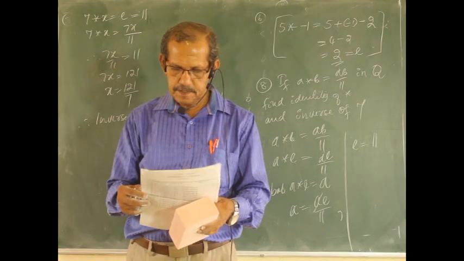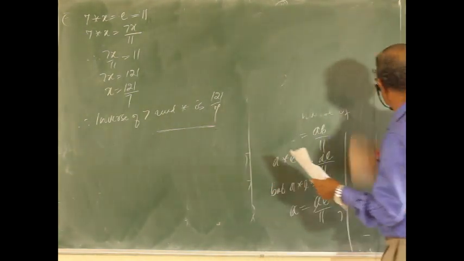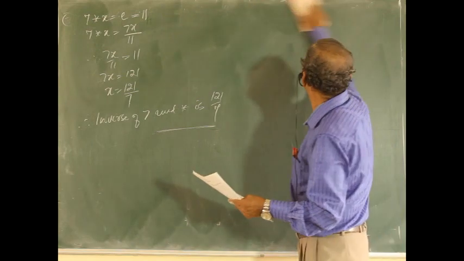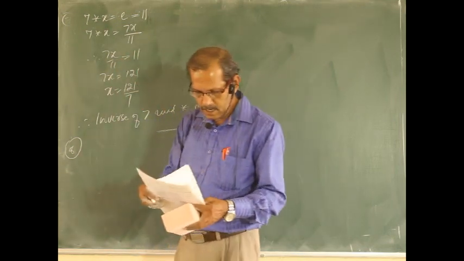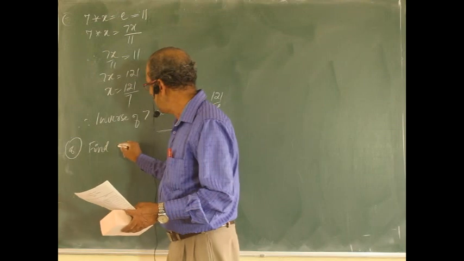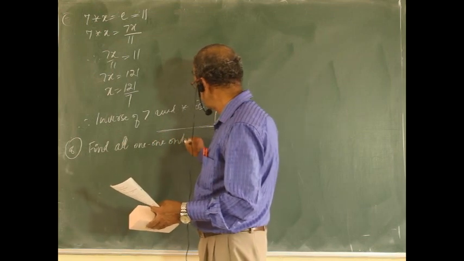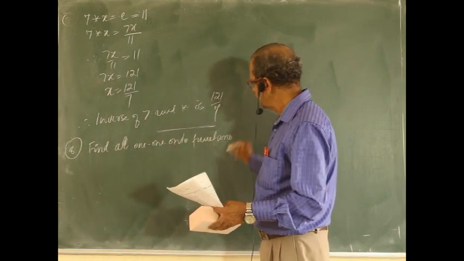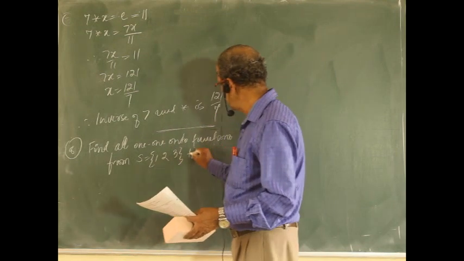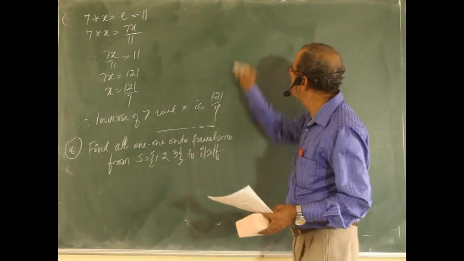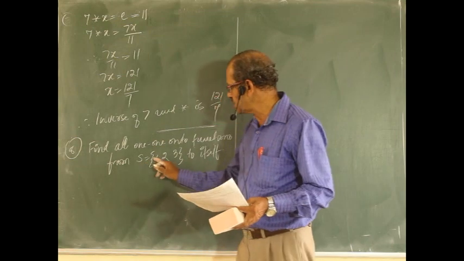Next problem is problem number 8. Find all one-one onto functions from S equal to {1, 2, 3} to itself.